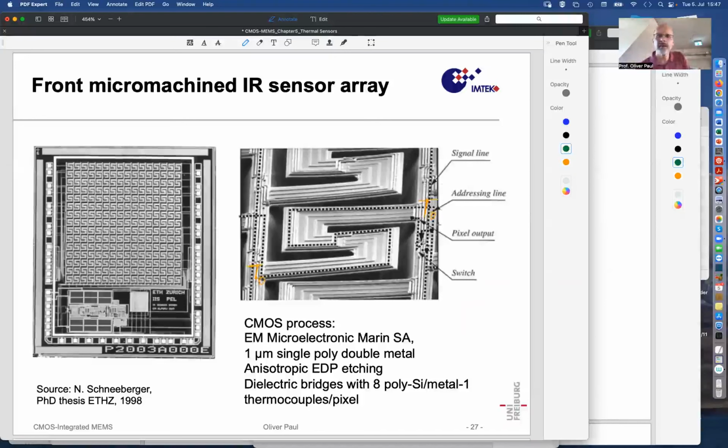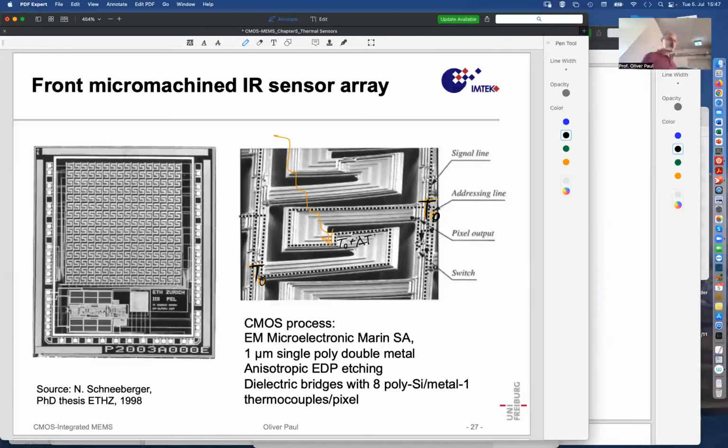Maybe I can write that in another color, black, T0. And then by the absorption of heat, its center is increased to T0 plus delta T.